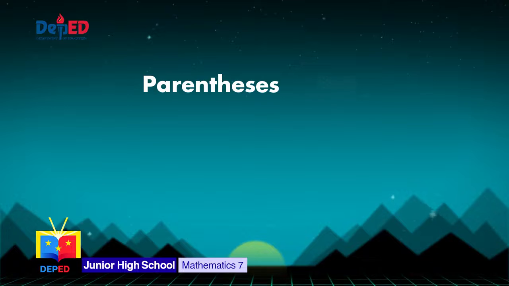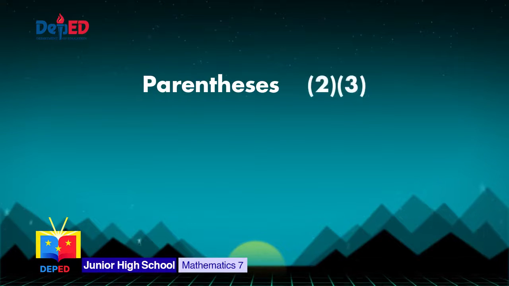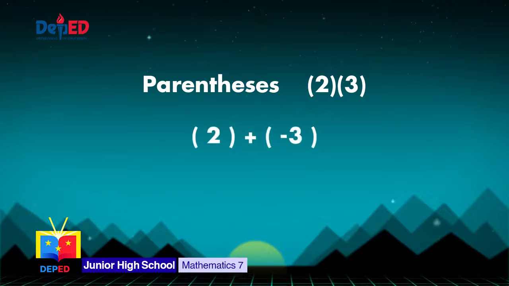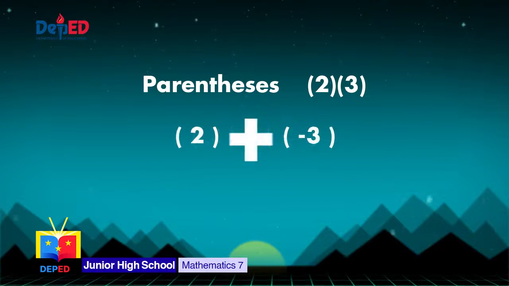Say for instance, 2 times 3. But there are cases that integers are enclosed in parentheses just to separate the sign from other operations. For example, 2 plus negative 3. Here, the operation is addition, not multiplication.